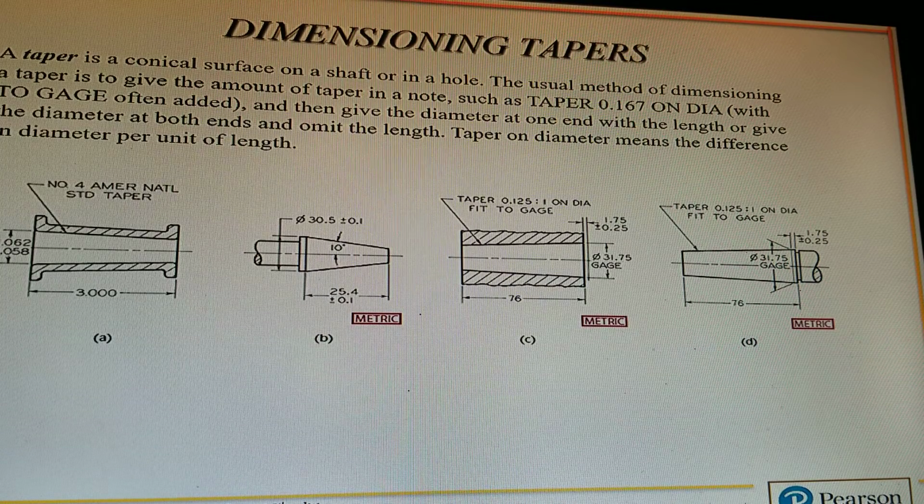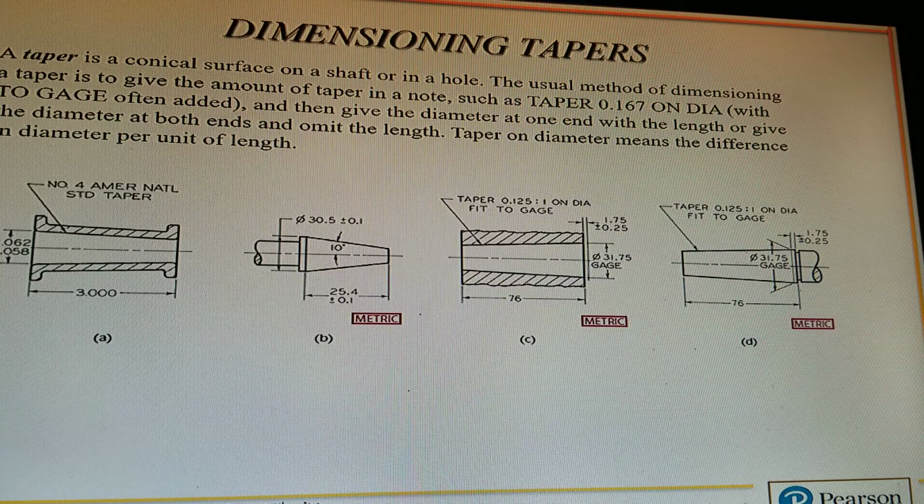Dimensioning tapers. A taper is a conical surface on a shaft or a hole. The usual method of dimensioning a taper is to give the amount of taper in a note, such as taper 0.167 on diameter, with 'to gauge' often added, whatever that means.